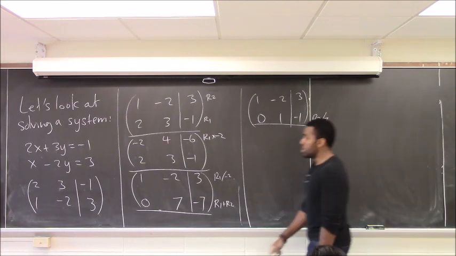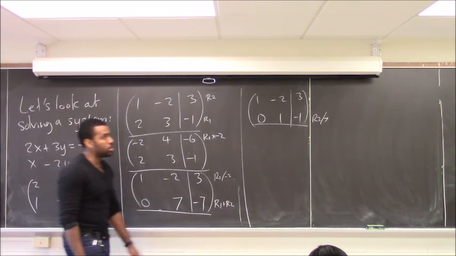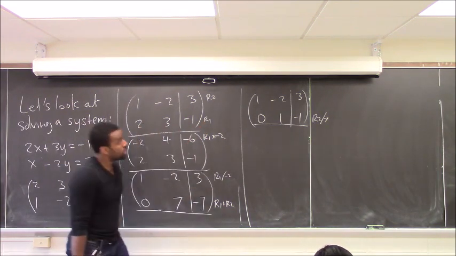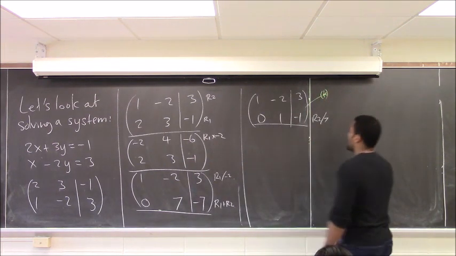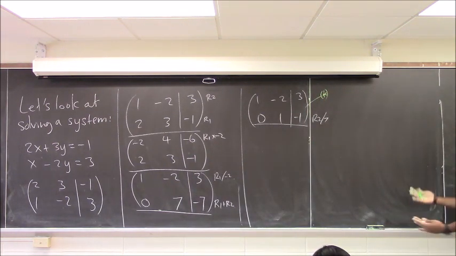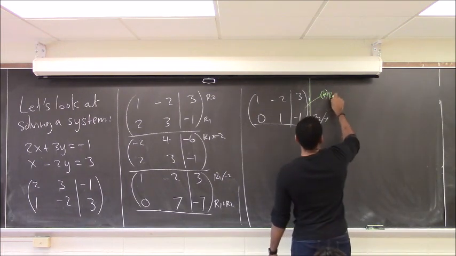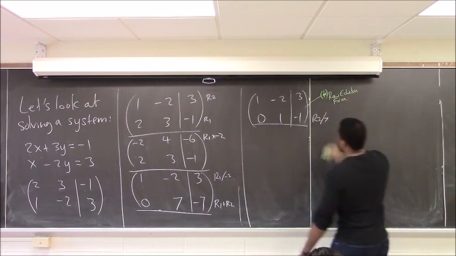I also mentioned that this was a pretty convenient situation to be in because I could immediately tell you what the y was and we could plug it into the top one and tell you what the x was. This situation is convenient. It's not the most convenient, but it's pretty convenient. We actually give it a name. This is called the Row Echelon Form. I'll define that precisely soon.